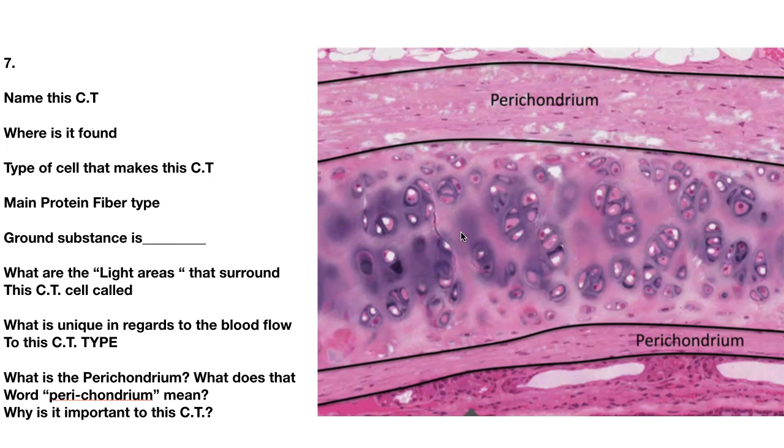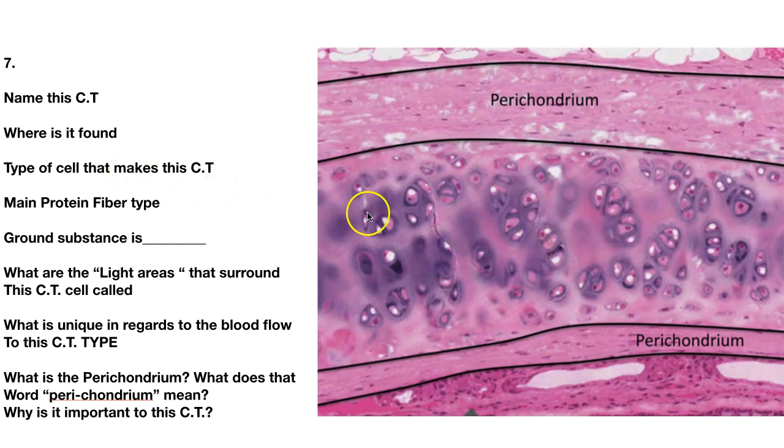Hyaline cartilage covers the ends of all our long bones. It forms the costal cartilage of the ribs. It forms the thyroid cartilage, the cricoid cartilage of the larynx. It's just real common cartilage.